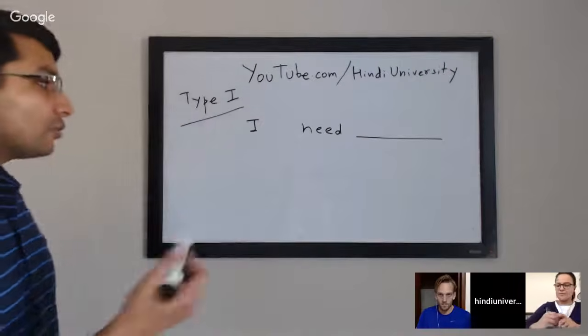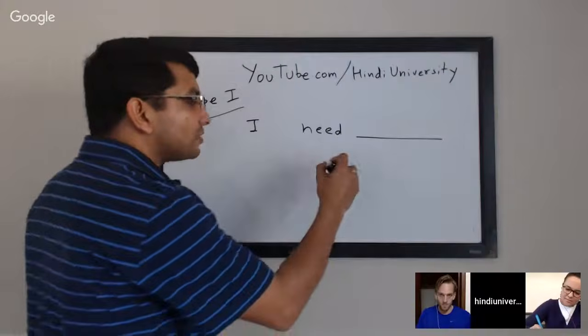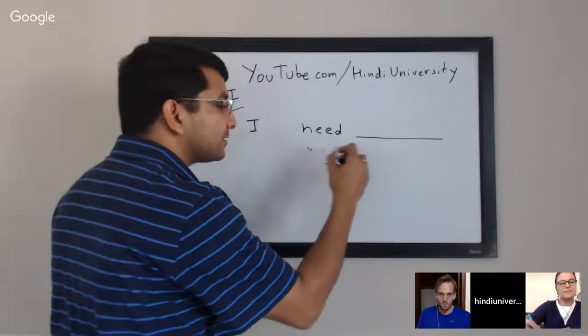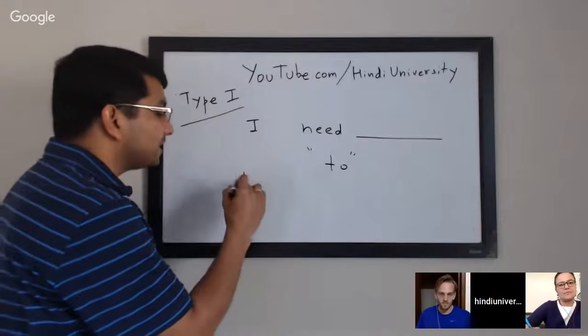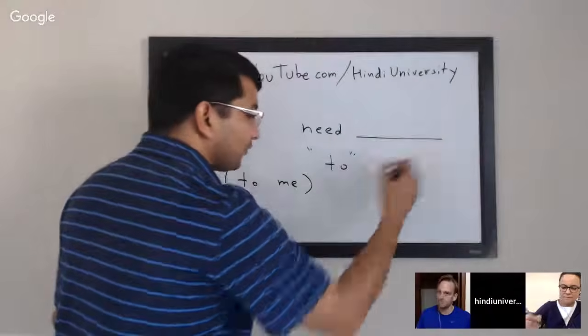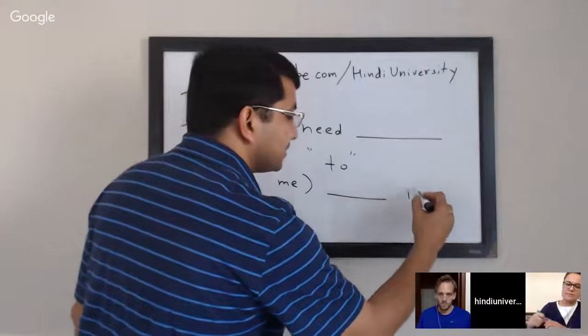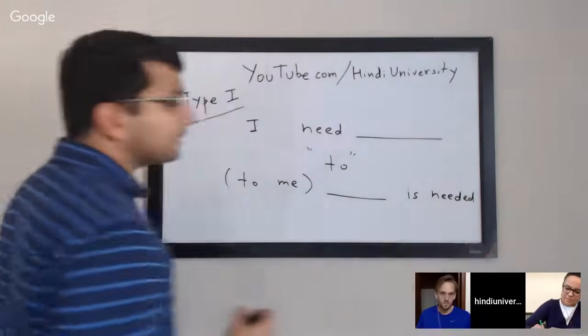In all those scenarios, you will be using this construct, "I need". Now you may not see "to" in the entire sentence, but the way you write it in Hindi is like, "to me, something, whatever you want to say, is needed." That's how you write it in Hindi.